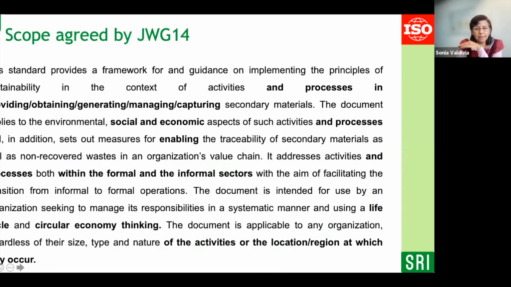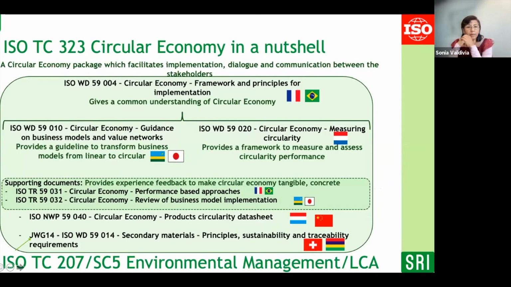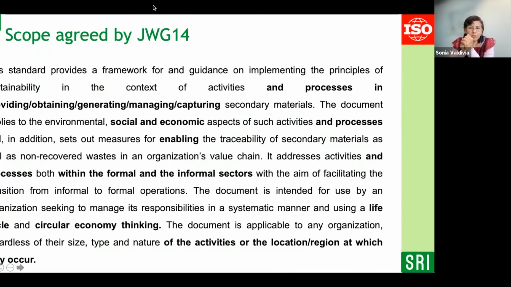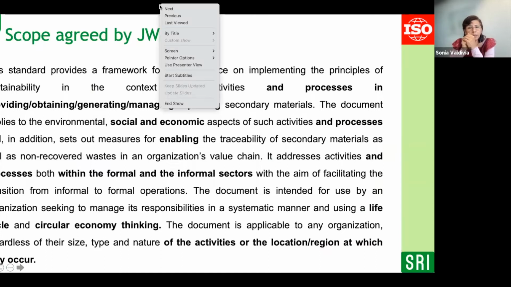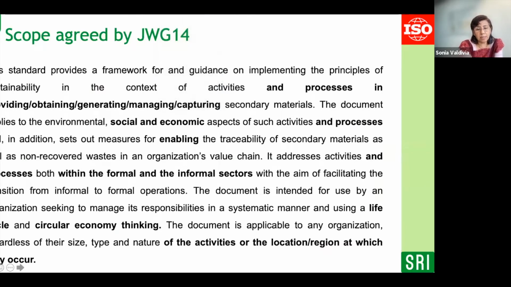For example, on the framework, ISO 59004, then you have the standard on business models, 59010, and the next one on measuring circularity. In this way, we are part of this family that is developing, by 2022, about 6 standards, and one of them is exactly the one I'm going to present today.